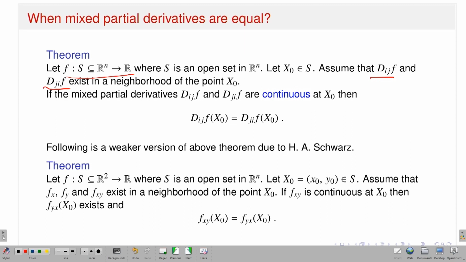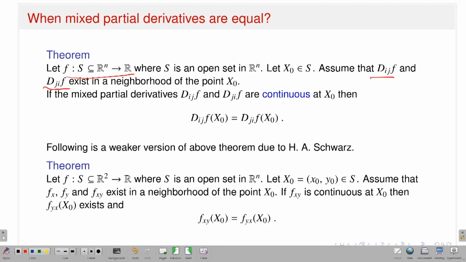So I am not only talking about the existence at the point x naught, rather I am going to talk about the existence of mixed partial derivatives in a neighborhood of x naught. So I want another condition. Not only do the mixed partial derivatives exist in a neighborhood of x naught, at the same time I demand that they should be continuous at the point x naught.